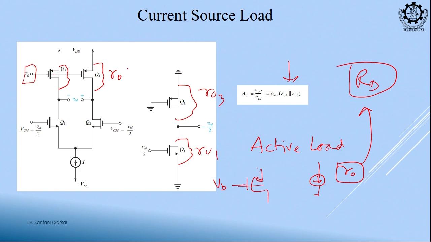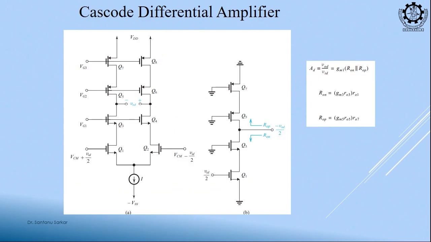So, the previous was a resistive load, a passive load, and this is an active load. We can also use a cascode, or a 2 stage, to increase the gain. Output impedance will increase because I now have 2 stages. So, correspondingly GM into R out is increasing, so gain is also increasing.